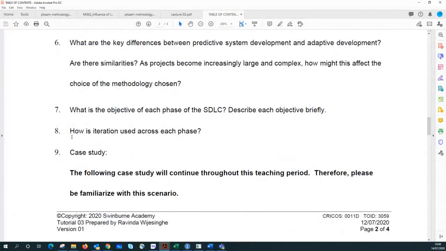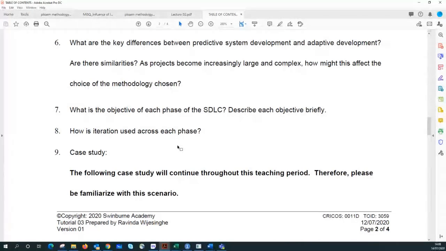The last question for today, question number 8: how is iteration used across each phase? We know that iteration is one of the core methods we use to solve problems in highly adaptive or highly agile environments.